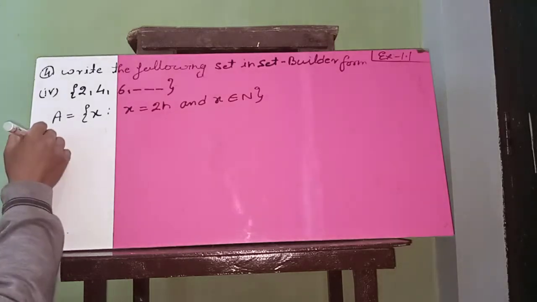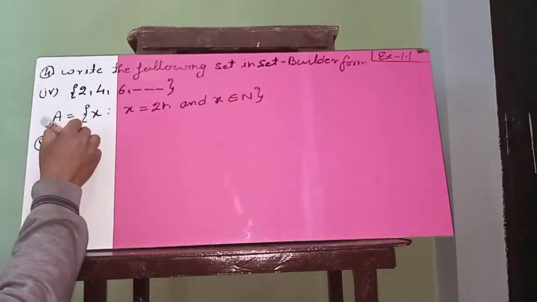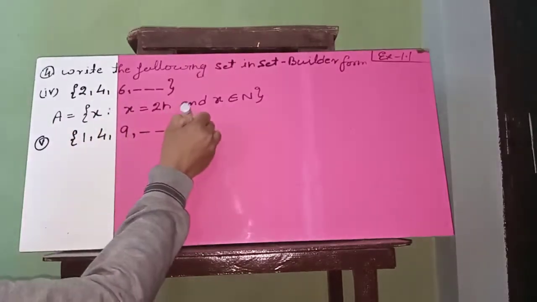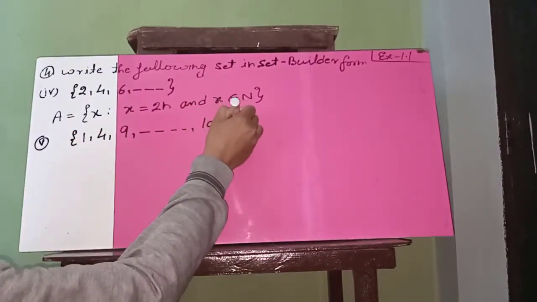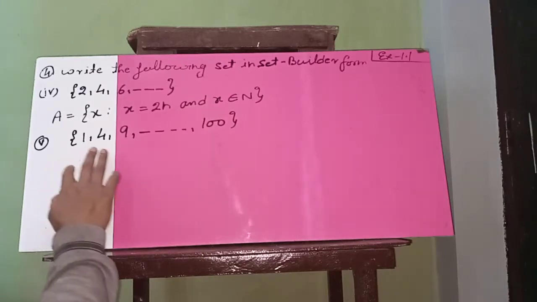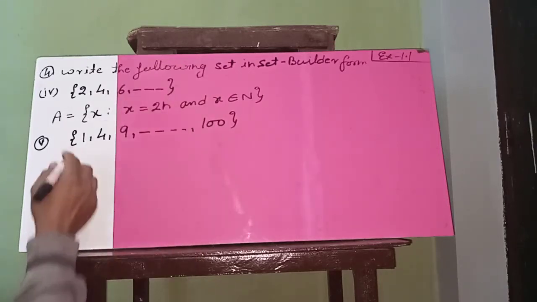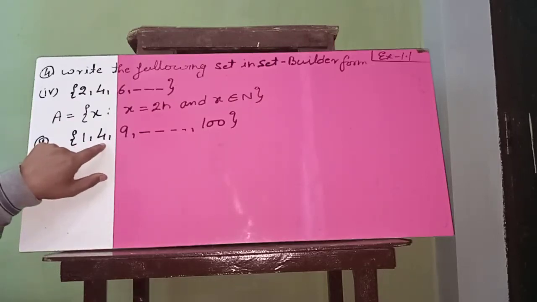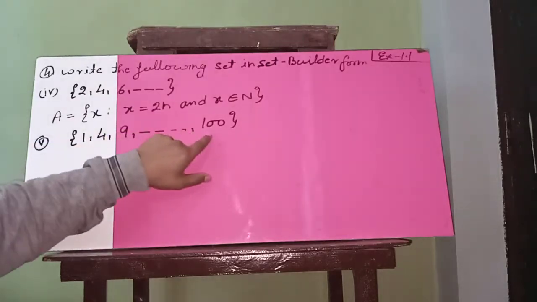Okay, now I take its fifth part. The given set is 1, 4, 9, dash, dash, dash, 100. Okay, so how will we change the given set into set builder form? So at first we observe all the elements. Here 1, 2 × 2 is 4, 3 × 3 is 9, 10 × 10 is 100.